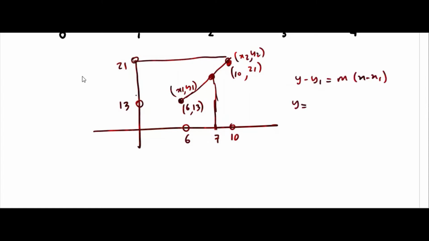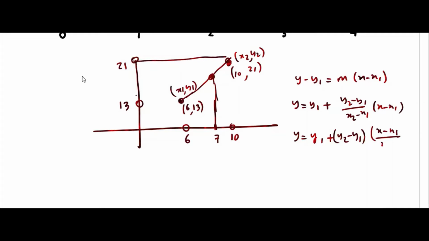In m we put y2 minus y1 divided by x2 minus x1, and then y will be y1 plus y2 minus y1 times x minus x1 by x2 minus x1. This is the equation of a straight line, 12th class formula, nothing more than that.